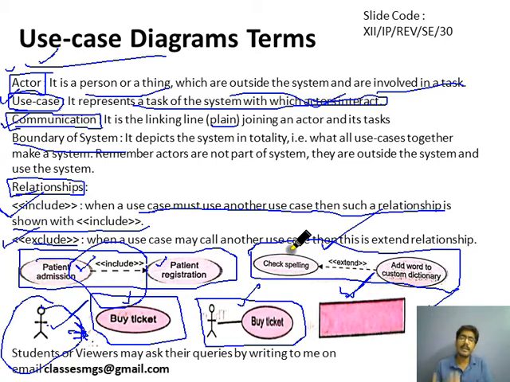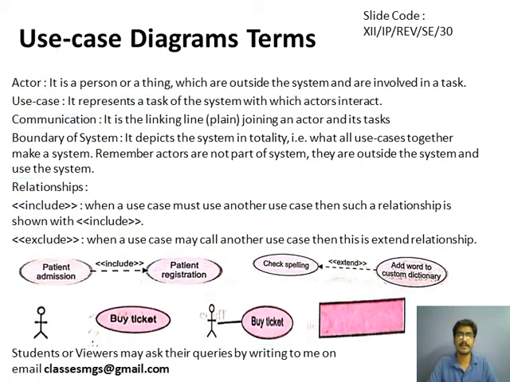So this is not a dependency of check spelling on add dictionary. If we need to, we can add the word into the dictionary, or we can skip it as it is. Such kinds of relationship are displayed through this concept called exclude relationship. Okay, so this is represented like this arrow. We will discuss this in detail in the next slide.